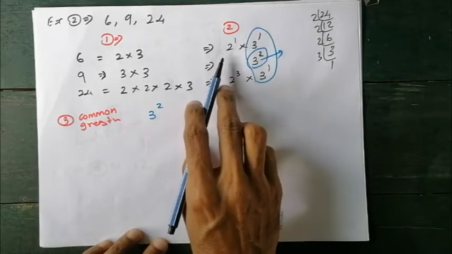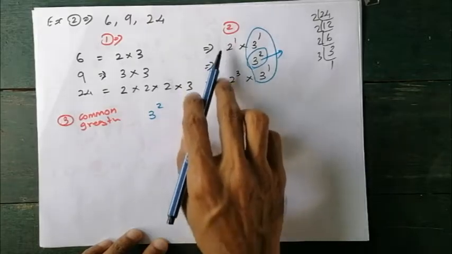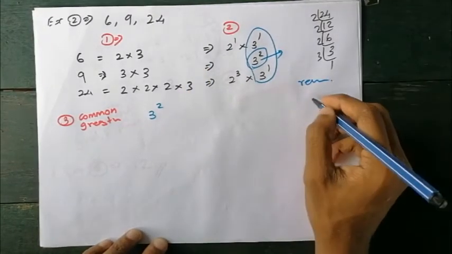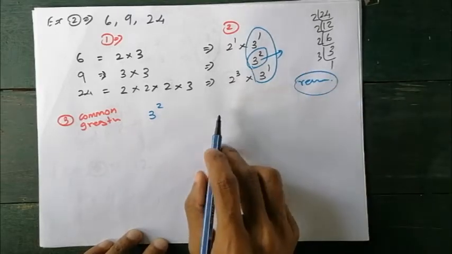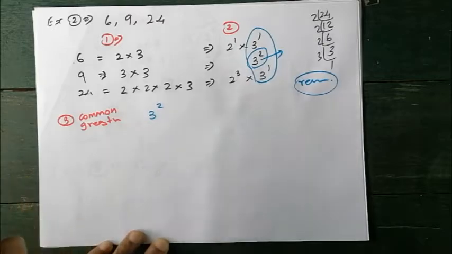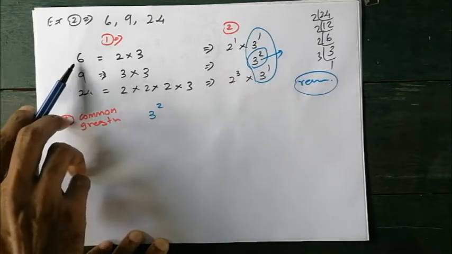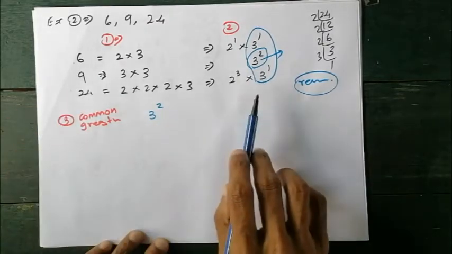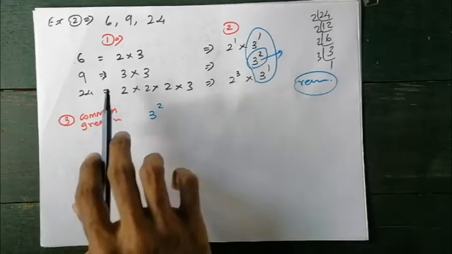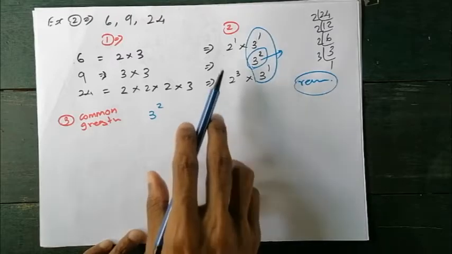Okay, let's come to the next part. The 2 is not remaining, because it is also common for two of the given values. First, we check the common factors for all 3 values. Then we come to 2.